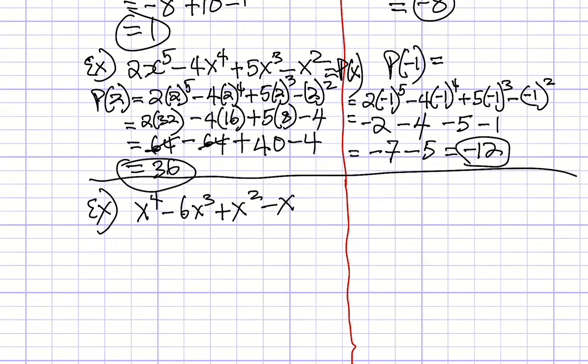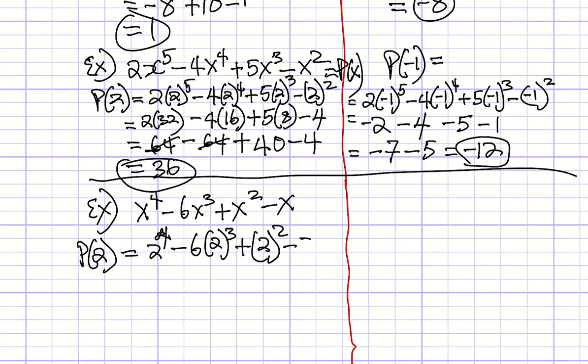So let's do the last one. This one is P(2) equals 2 raised to the power 4 minus 6, 2 raised to the power 3 plus 2 raised to the power 2 minus 2. Okay.